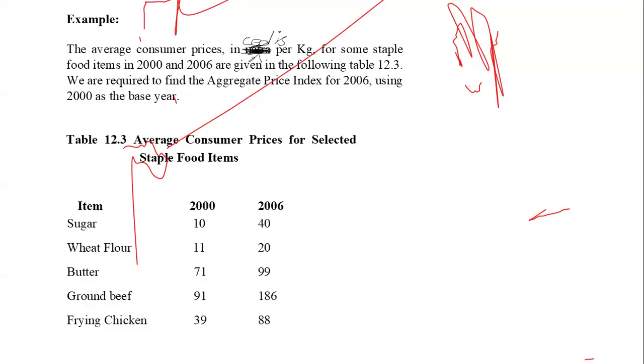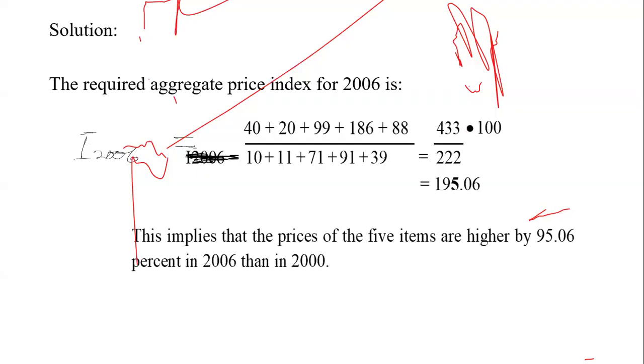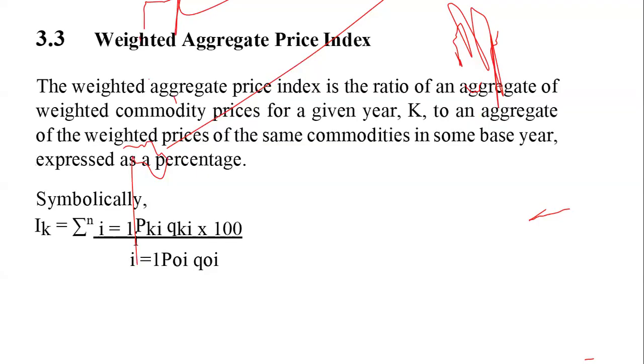Okay, so I get it. The definition you read says the weighted aggregate price index is the ratio of the aggregate of the weighted commodity prices for a given period to an aggregate of the weighted price. But that is not on the weighted.